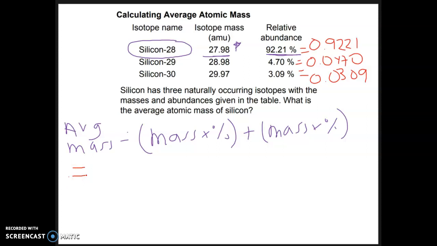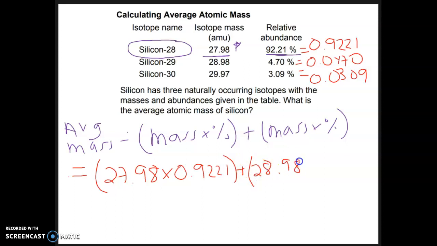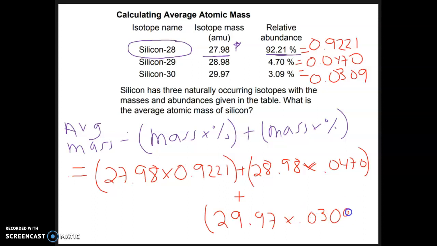So average mass equals, I'm going to take the mass of my first isotope, 27.98 times its percent, so times 0.9221, plus the mass of my next isotope, 28.98 times its percent, which is times 0.0470, and then plus the mass of my next isotope, 29.97 times its percent, 0.0309.